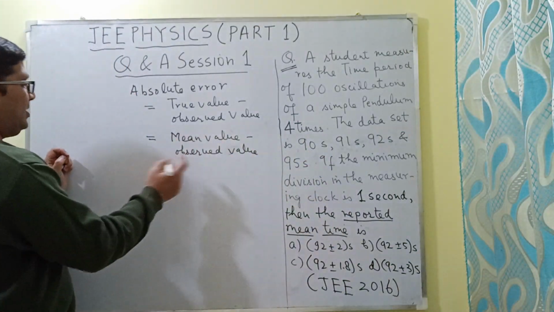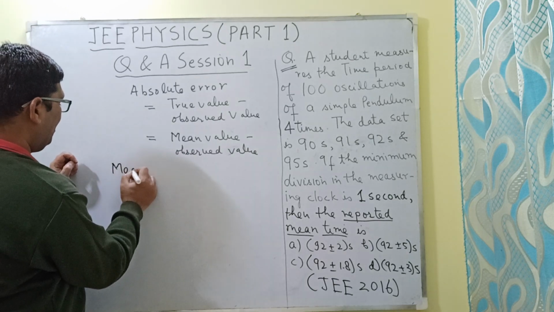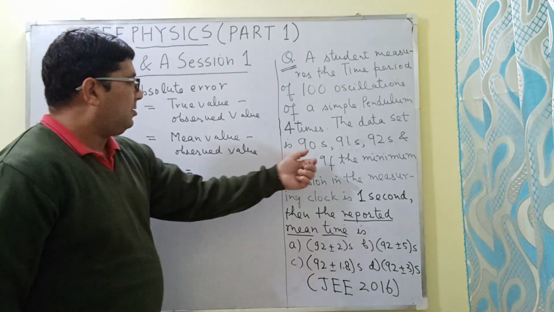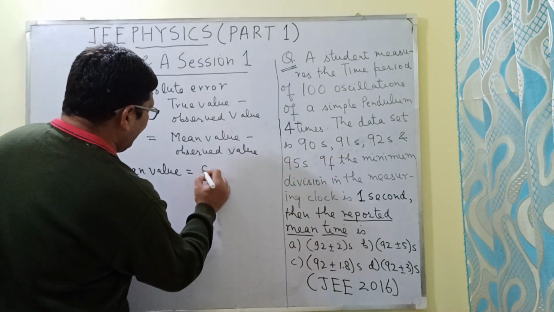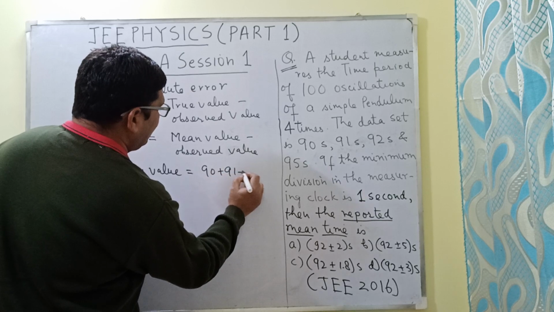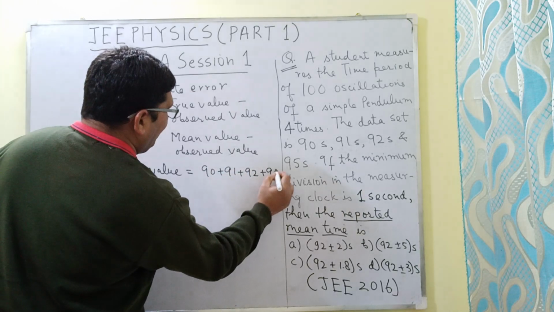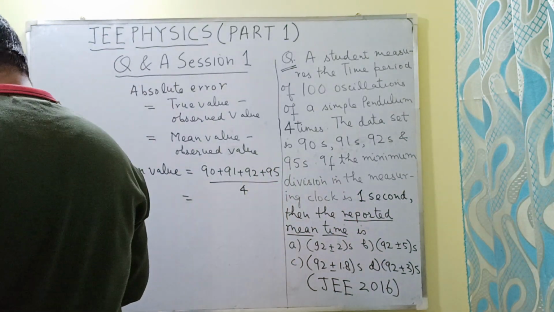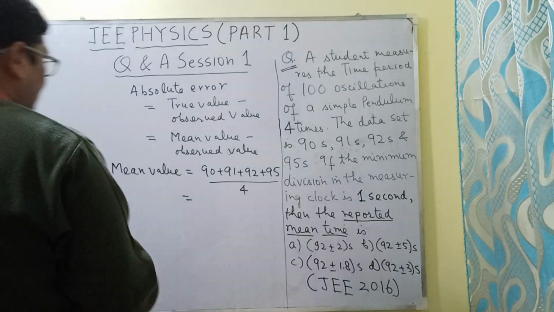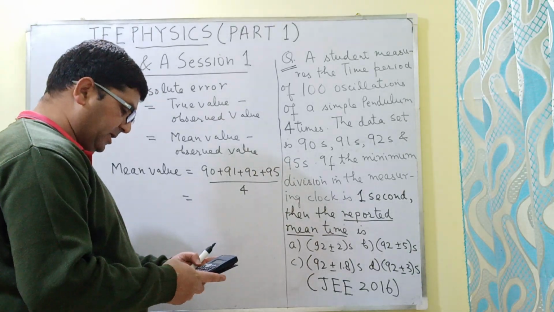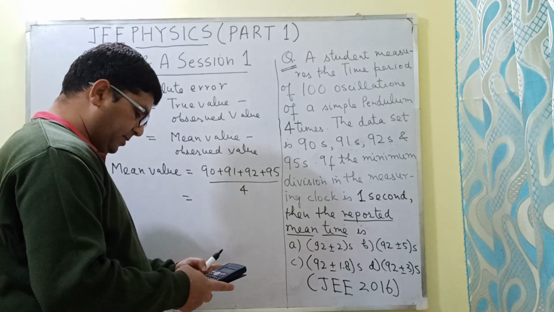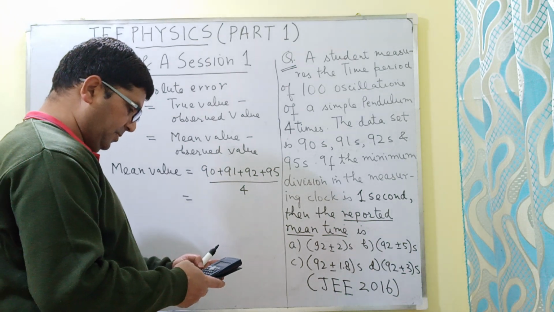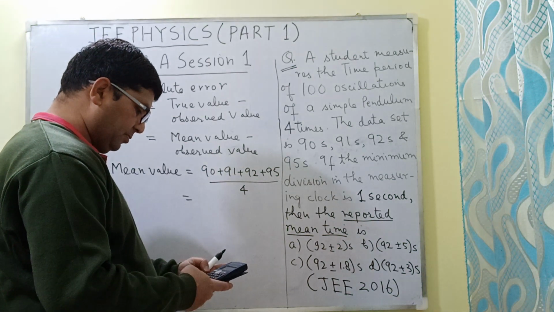So what is the mean value here? The mean value will be equal to 90 plus 91 plus 92 plus 95, divided by 4.